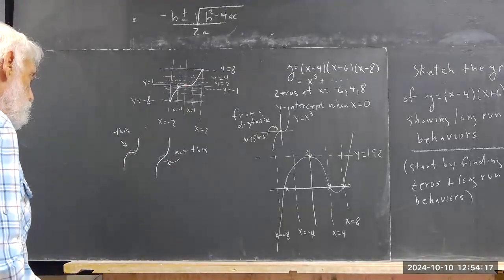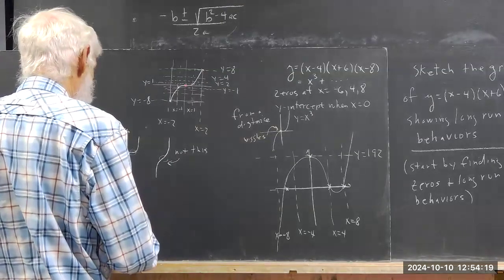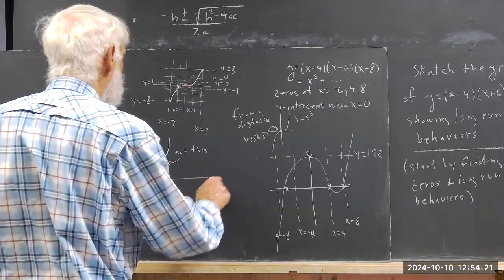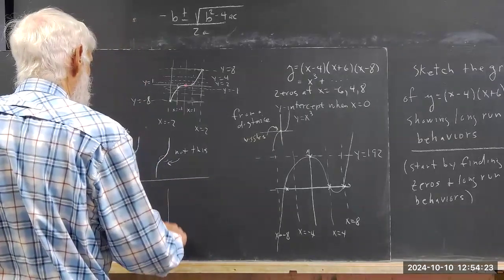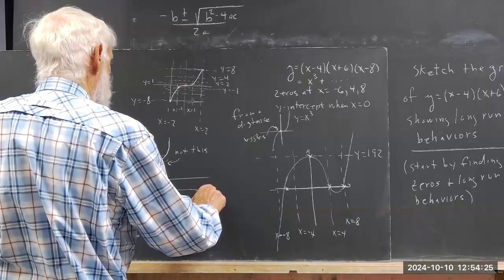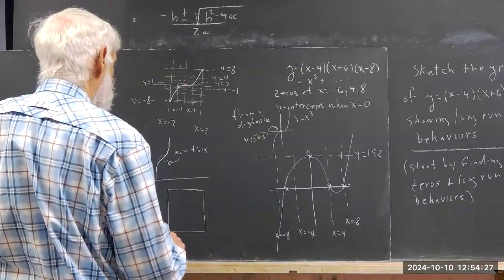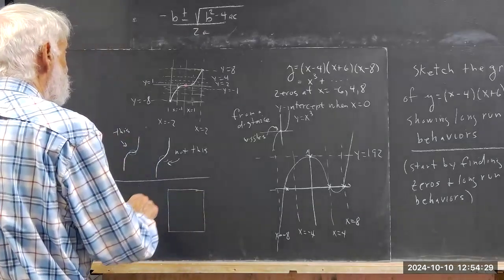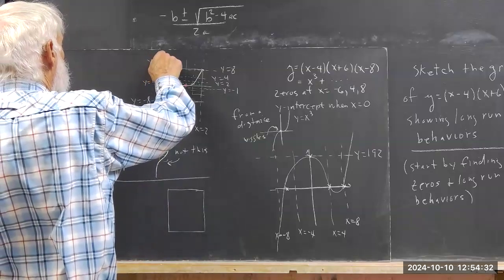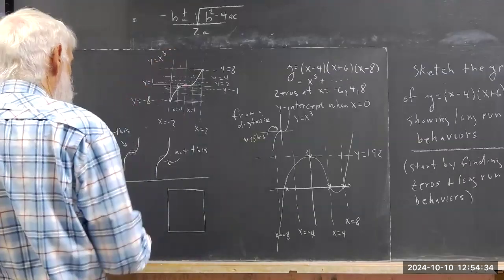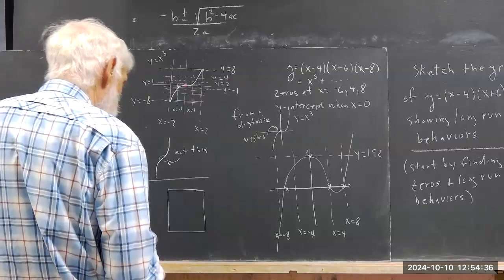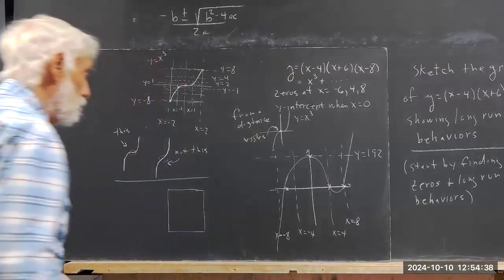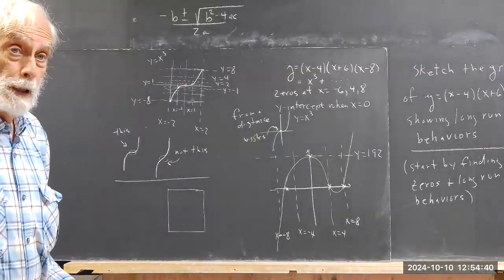Well, just to make sure we understand, I'll show you what happens for y equals x to the fourth. Now, for y equals x to the fourth, if we think about it, we know that the numbers are always going to be positive.